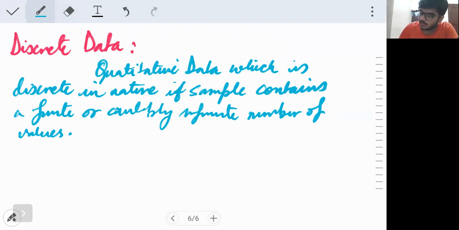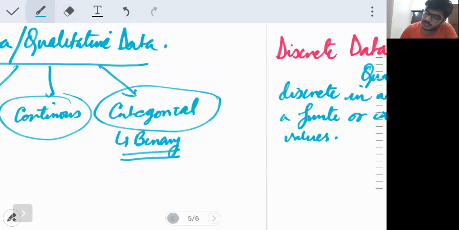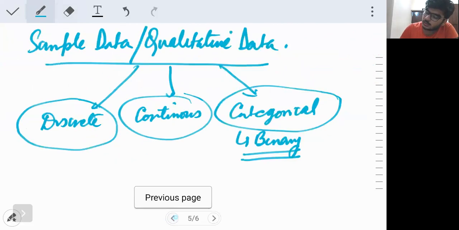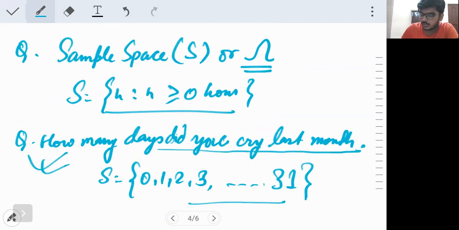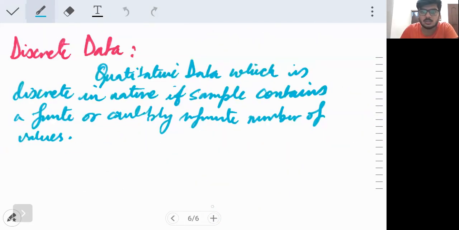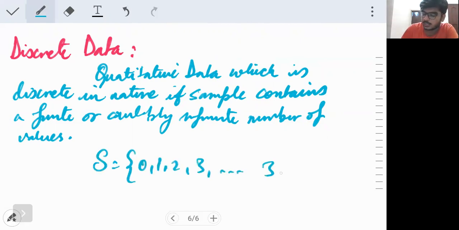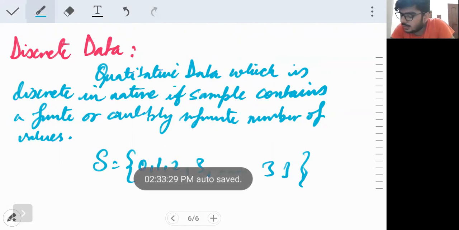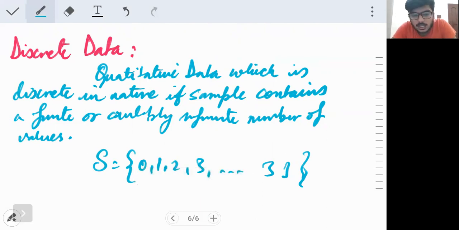Our question, where we discussed how many days did you cry last month, under this we find the sample space to be 0, 1, 2, 3, dot, dot, dot, up to 31. So it contains a finite number of values. And what is a countably infinite number of values?